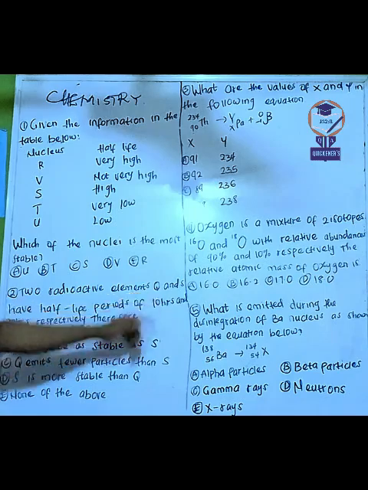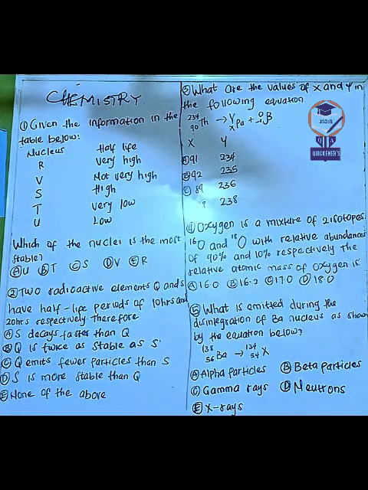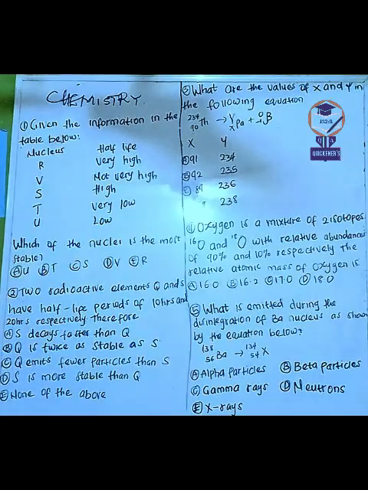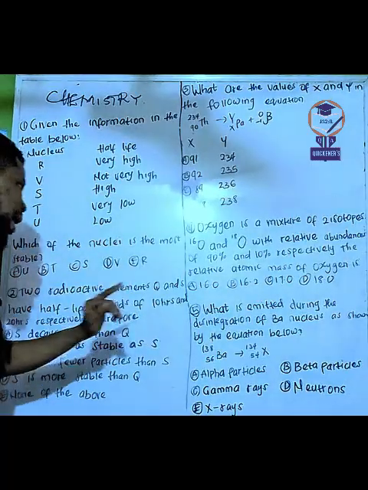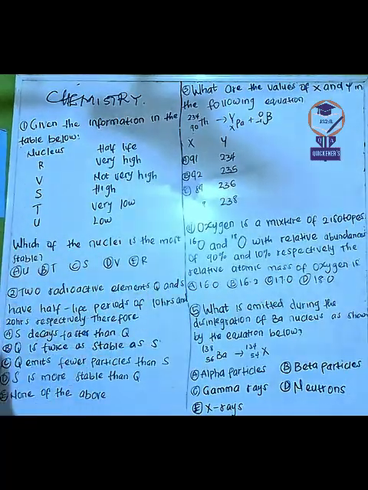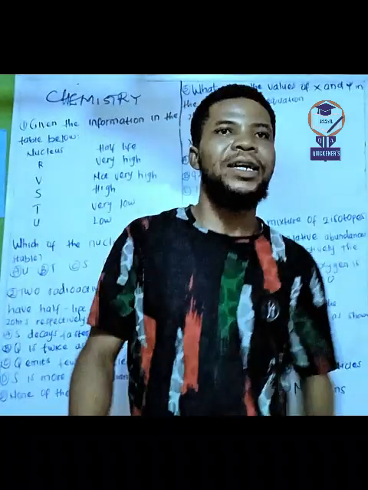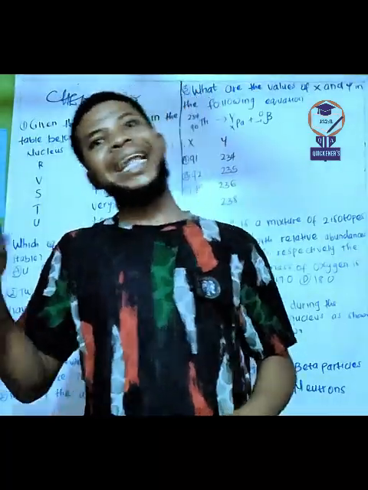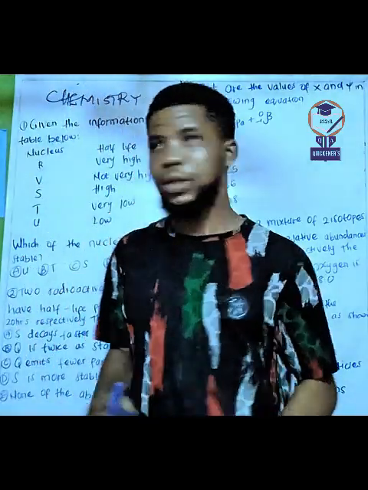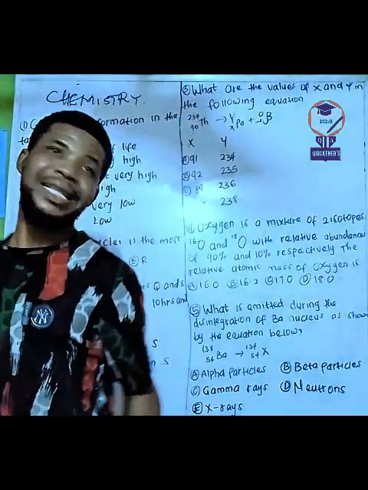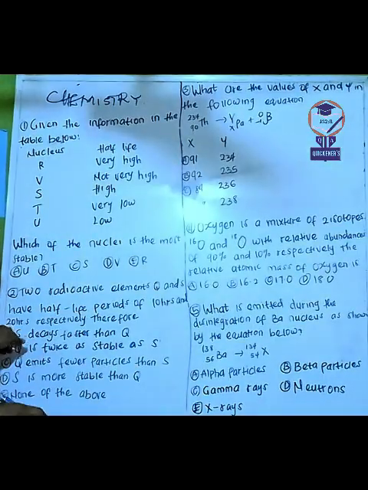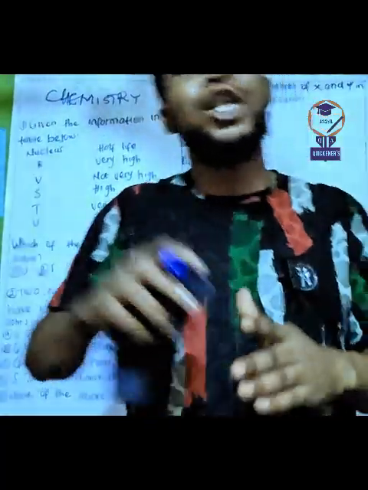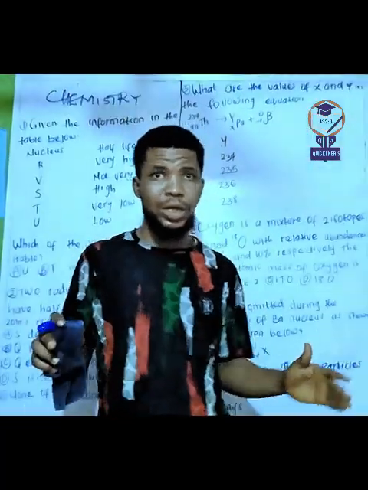Now, two radioactive elements, Q and S, have half-life periods of 10 hours and 20 hours. So Q has 10 hours of half-life and S has 20 hours. It means that the one that has 20 takes a longer time to decompose.